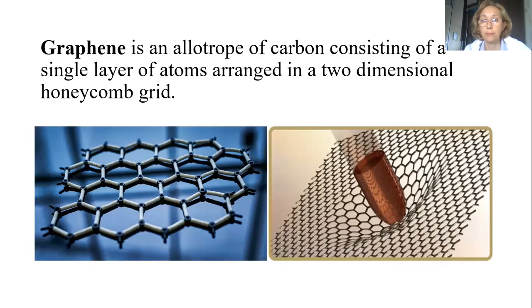This is the allotrope of carbon consisting of a single layer of atoms arranged in a two-dimensional honeycomb grid. So you know grid, сетка, and honeycomb, медовый, мед. Как соты, да?